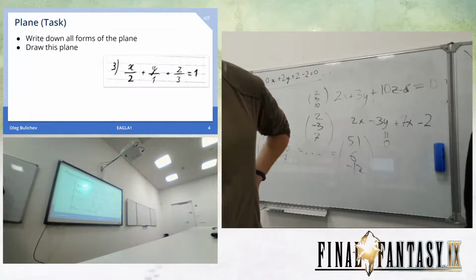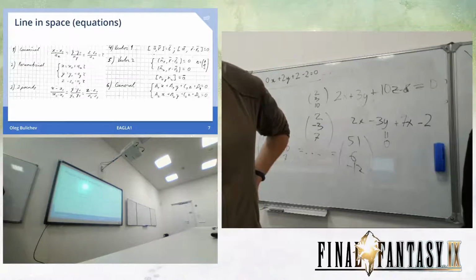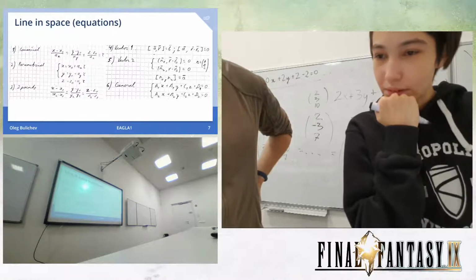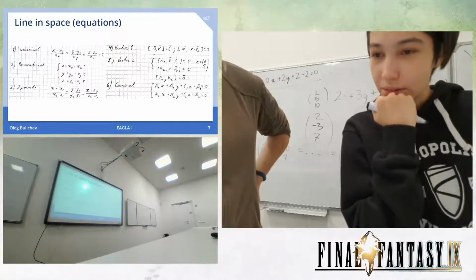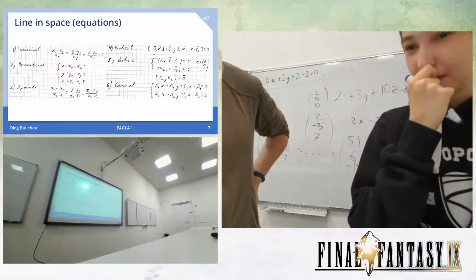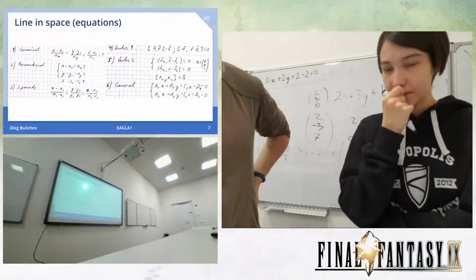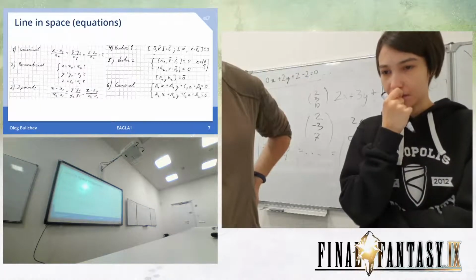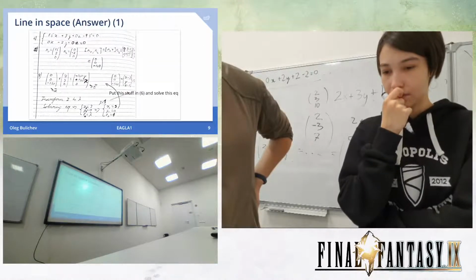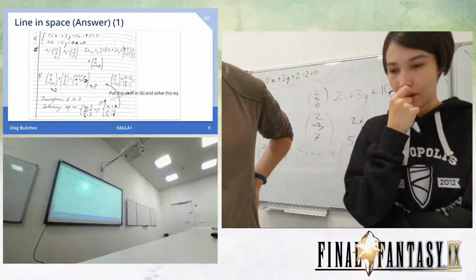Do you have anywhere written about parametric notation? Точка и вектор, да. I mean, xyz, for our line.